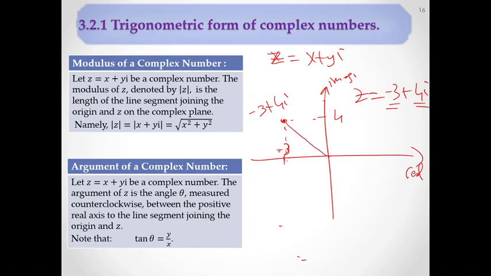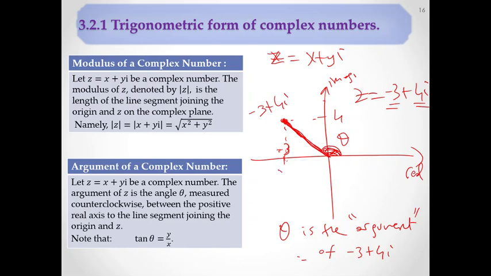If you draw the line from the origin up to -3 plus 4i, then there will be this angle theta. This angle we call the argument. We don't say the angle, but the argument of -3 plus 4i.